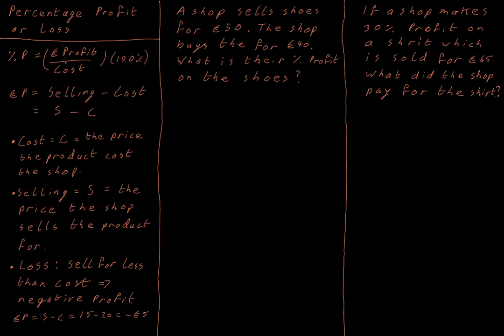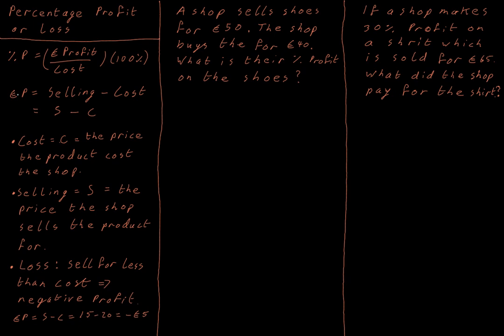This is a formula we're required to know, so we're going to look at it. But we know a method for working with percentage increase and decrease already, and we know how to work with percentages in general. So we're going to look at both methods.